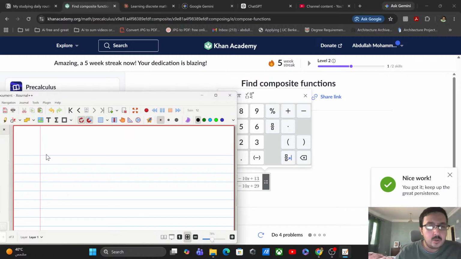So what we're having is x minus 5 squared equals x squared minus 2 dot x dot minus 5 plus b squared, which is minus 5 squared.